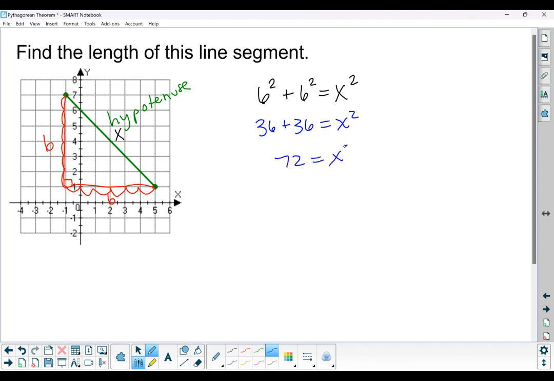That's 72. And so when we take the square root to get our x value, again, my calculator is going to give that to me in radical form. If you have a school one, it will do that. That's 6 root 2. Or if you get a decimal approximation, that's going to be 8.49, almost 8.5.